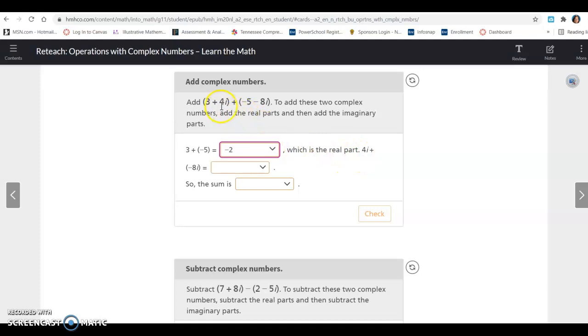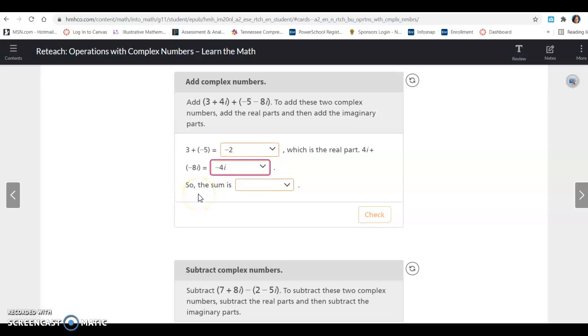And then your imaginary parts are 4i plus negative 8i, which is negative 4i. To add that up, you just put them together. So negative 2 minus 4i.